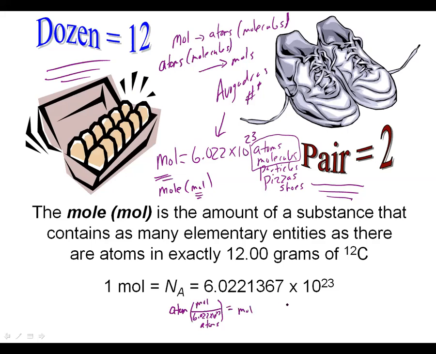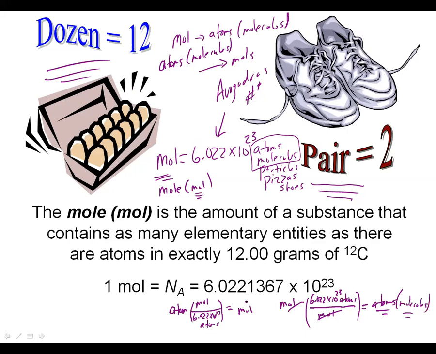Or vice versa, if we started with moles, we would use Avogadro's number on top to get atoms or molecules in that case over here, if you were doing molecules.